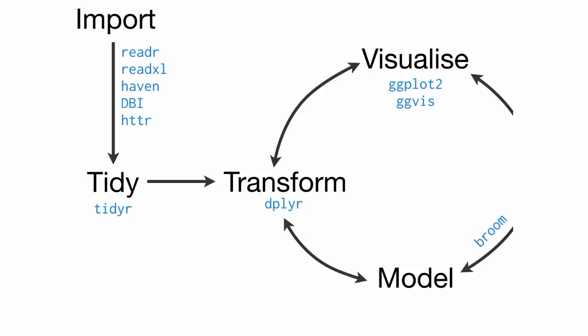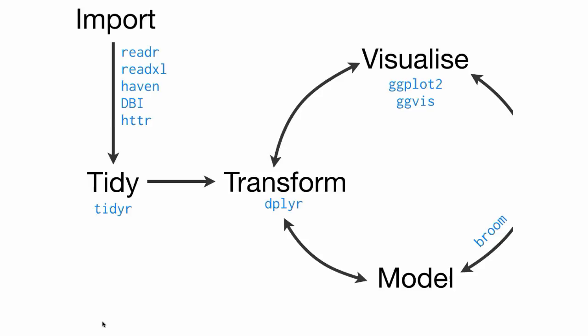Now, over the last few years, I've spent a lot of my time trying to make packages to make these parts of the data analysis process easier. Now, I'm not going to talk much today about the import process, basically because that is incredibly boring. And these packages are designed to be incredibly boring, right? They're just designed to work. You point them at a data source and you get a data frame back.